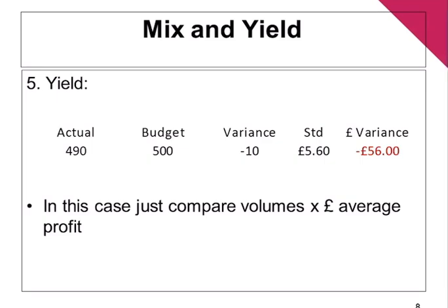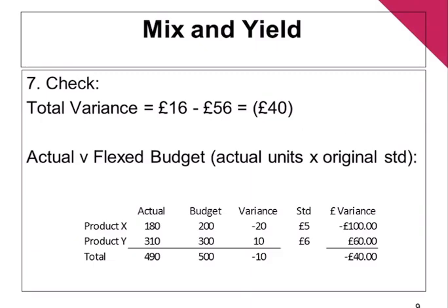So let's put all that together. Our total variance for mix and yield together is, unfortunately, £40 down. When we look at our overall sales volume variance, there is your double check.